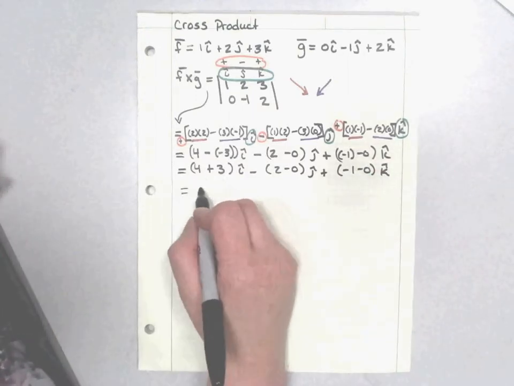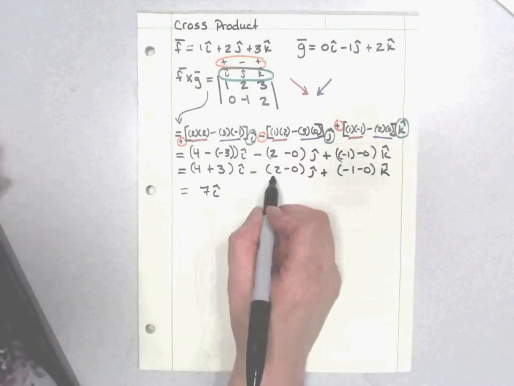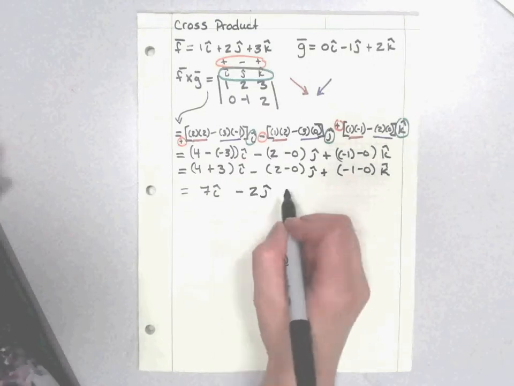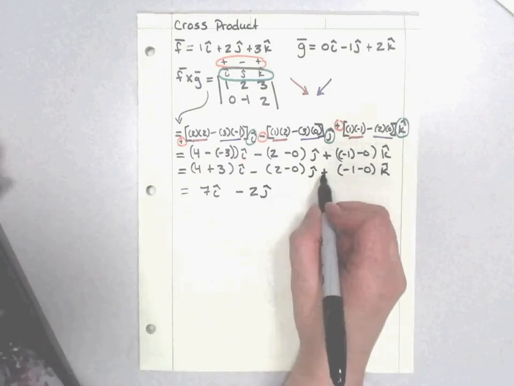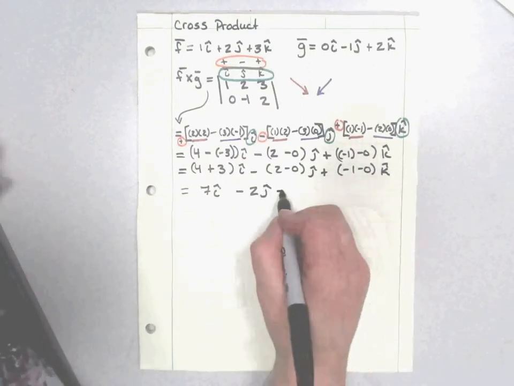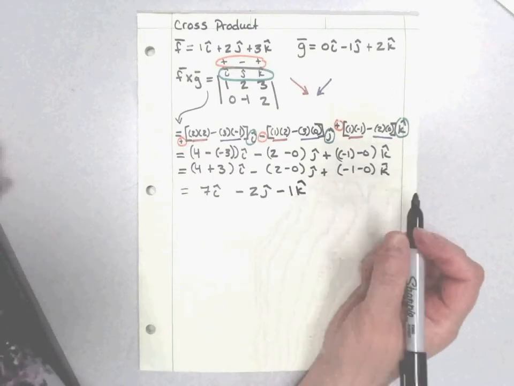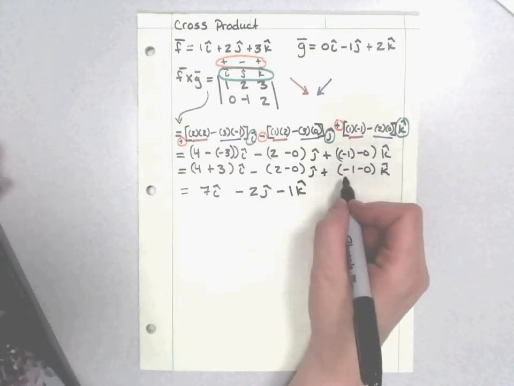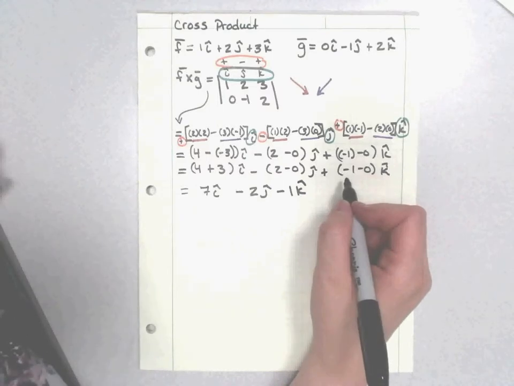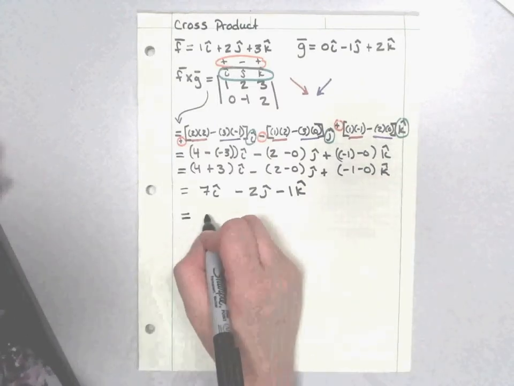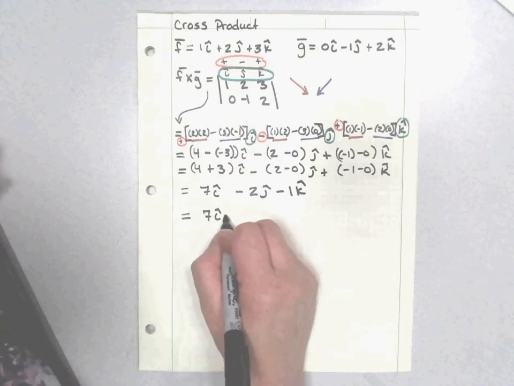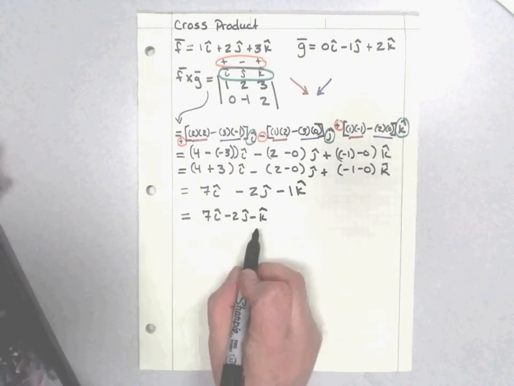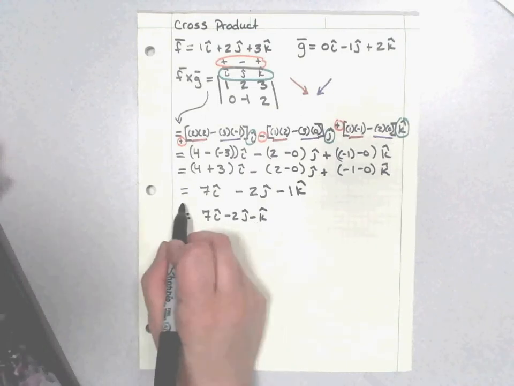So I have 7i minus 2j. Now it's plus, but I have minus 1 here, so minus 1k. You can leave the 1 out and just put minus k.